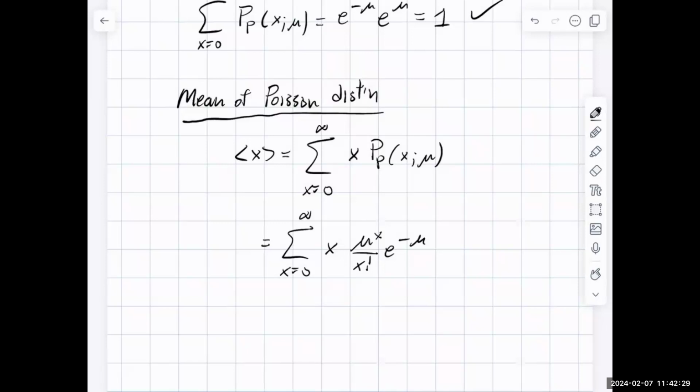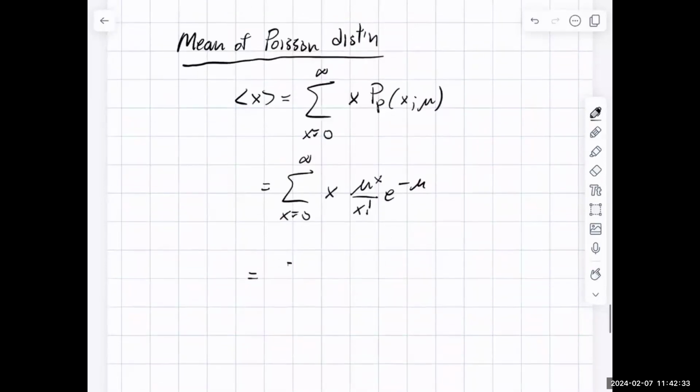And so all of this just becomes 0 plus, I'm going to put the sum over here, x equals 1 to infinity. e^(-mu) is still a constant. It still comes out beside the sum. And then we have x over x factorial, mu to the power x. Okay.